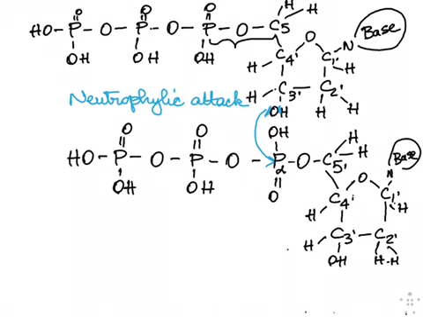At the same time, a pair of electrons will be leaving this double bond and attack this oxygen. So I'm going to be using a red color to show you, because this particular oxygen of the hydroxyl group loses a pair of electrons, it becomes positively charged. This one gains a pair of electrons, it becomes negatively charged.